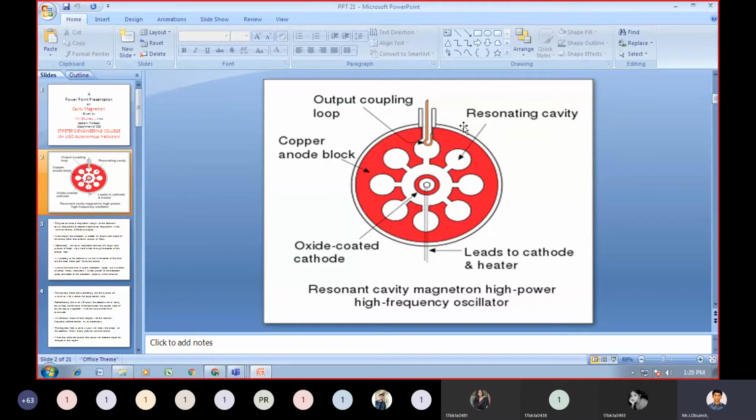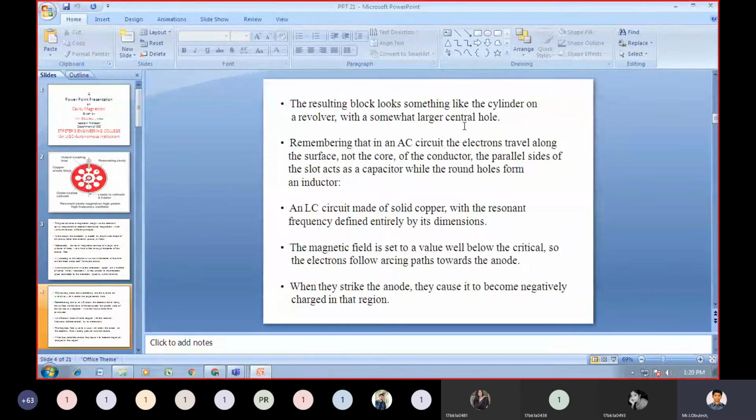The magnetic field is set to a value well below the critical, so the electrons flow in a rising path towards the anode.